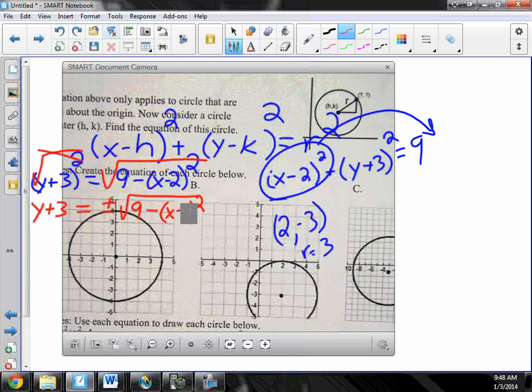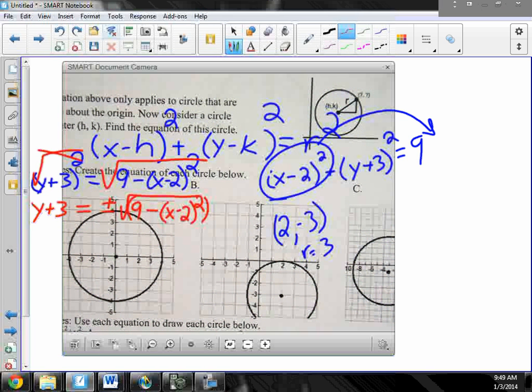Now, if you have the old software on your calculator, you're going to need to put parentheses around this. Mine, you don't have to, but a lot of yours you will. Now what do I do? I need to move the 3 over. So I have y equals plus or minus the square root of 9 minus x minus 2 squared minus 3.